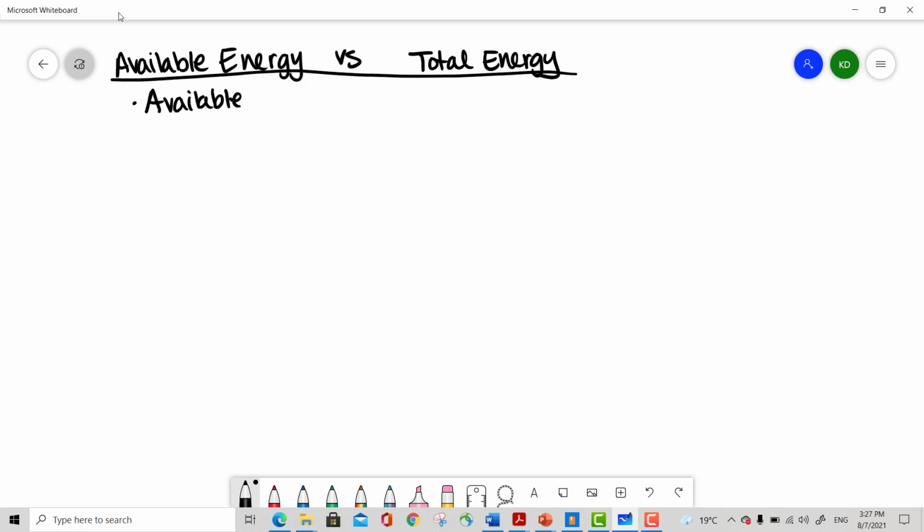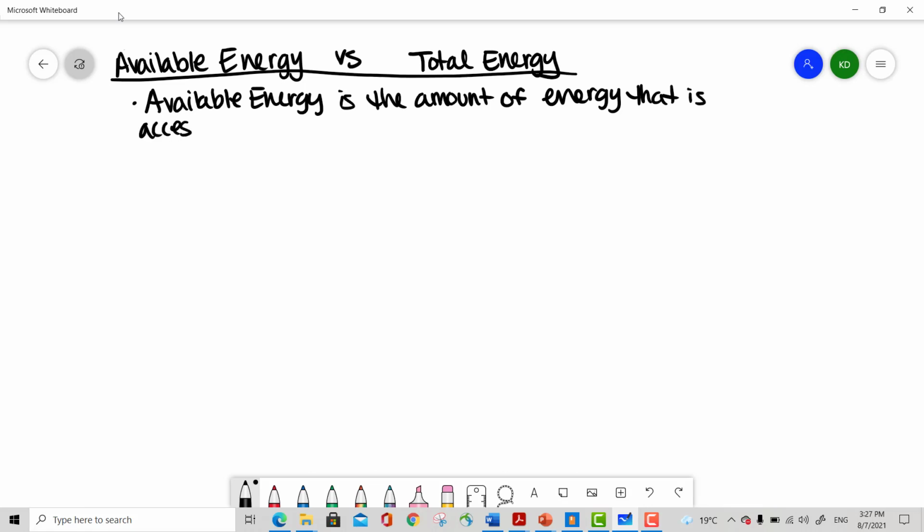Available energy is the amount of energy that is accessible to convert to work. So that's what we define as our available energy, whatever is available to convert to work, whatever we can use.